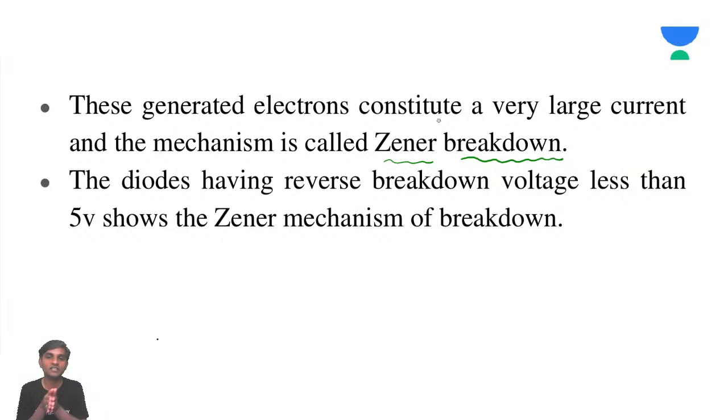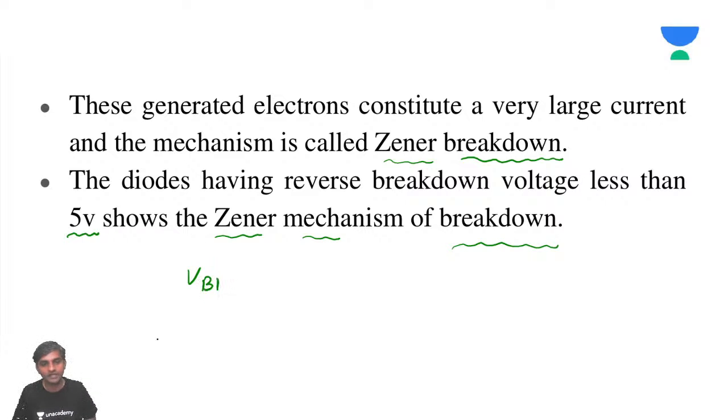The advantage in Zener breakdown is that both the P and N regions are heavily doped, and the width is very small. Right? Okay. And now you can see that diodes having a reverse breakdown voltage of less than 5 volts show the Zener mechanism of breakdown.